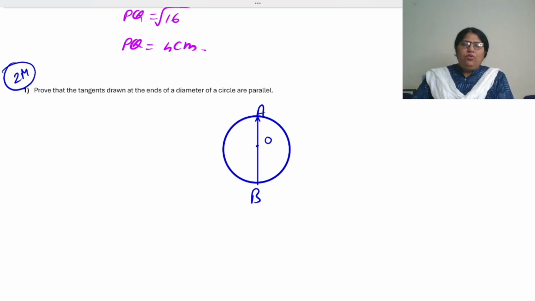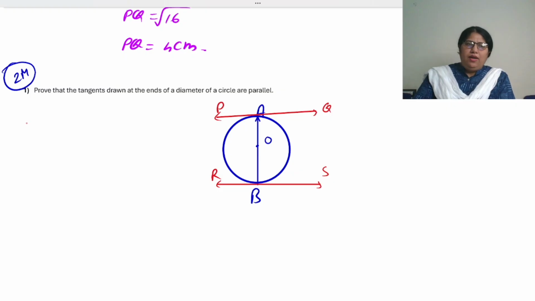Now I have to draw the two tangents, because the points of contact are A and B. So let us draw two tangents here. Now PQ is a tangent, and RS is also another tangent. I have to prove that these two of them are always parallel. So first you start with what is given.